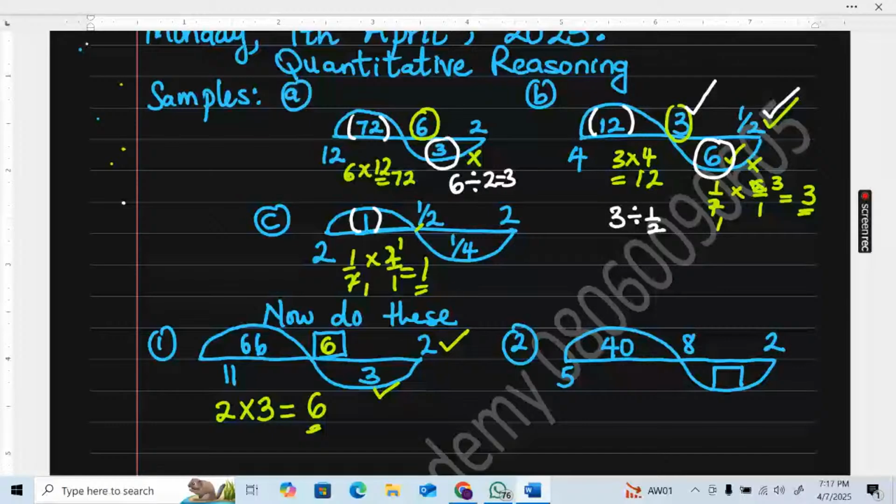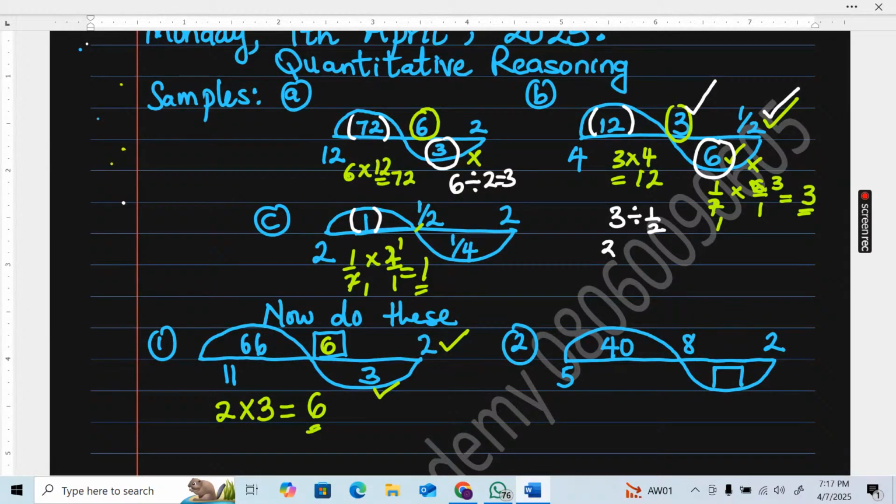When you are dividing by a fraction, you multiply by the reciprocal of the fraction. Now, reciprocal means turning the fraction upside down. So I'm dividing by half.